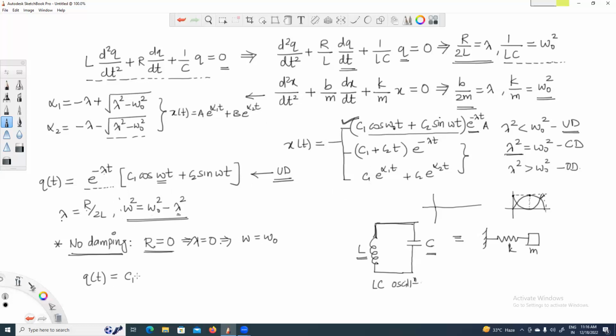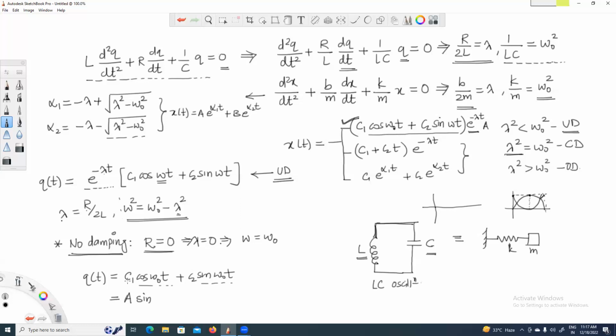it will look exactly like C1 cos of omega naught t plus C2 sine of omega naught t. You can combine this cosine and sine function together and simply write it as A times some sine or cosine, depending on what kind of trigonometry you use.